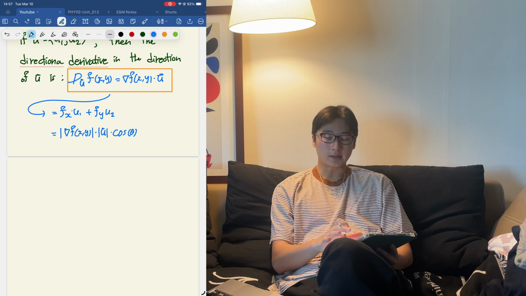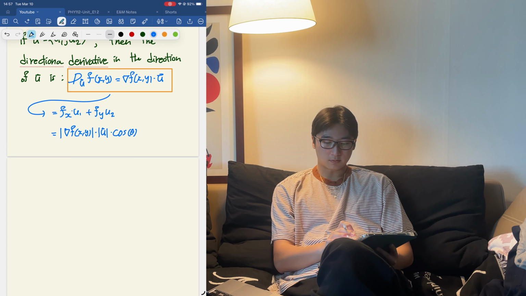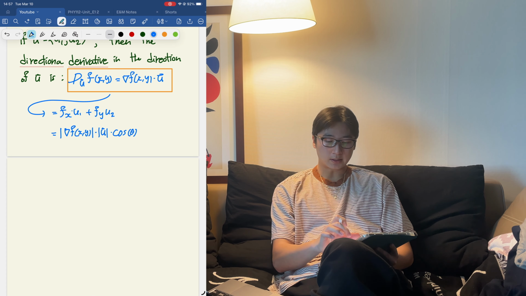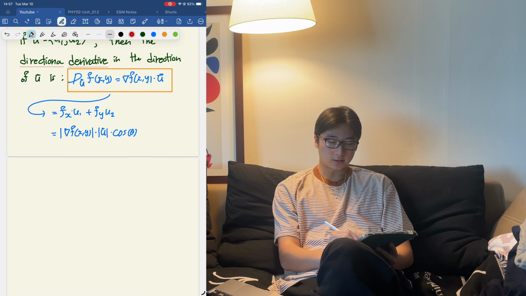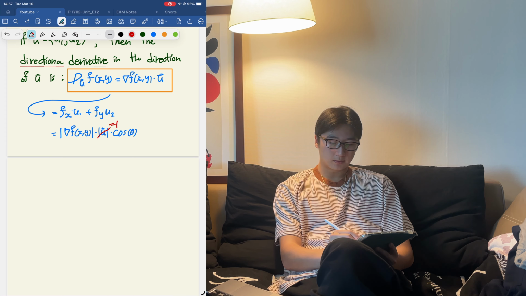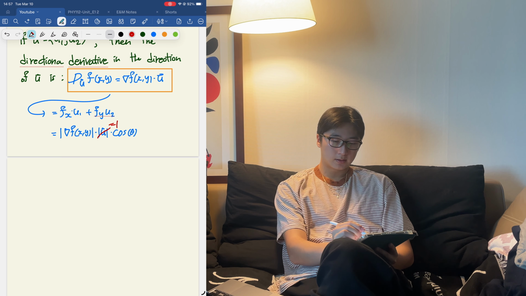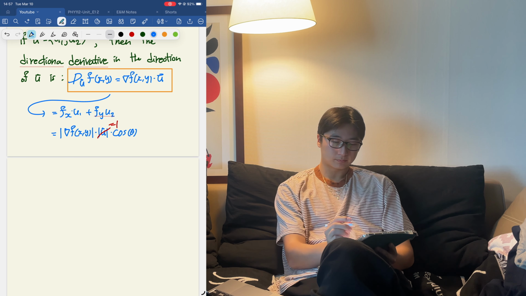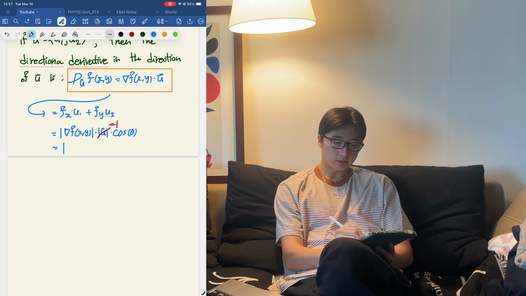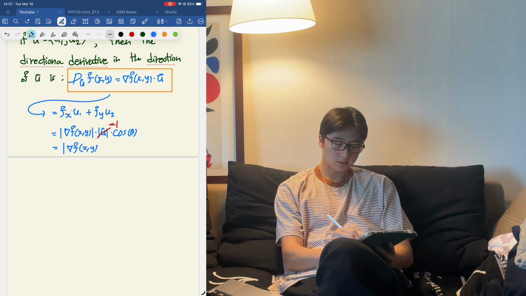Do you see where we are heading right now? It already looks interesting, right? The magnitude of the unit vector is always 1, so we don't have to write it. So we can simply say the directional derivative is equal to the magnitude of the gradient times cosine.